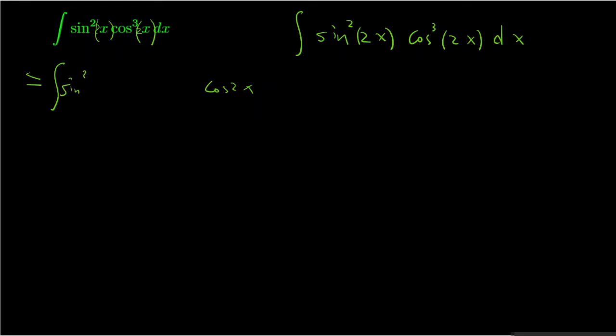I'm going to copy the integrand. Sine of 2x, the whole thing squared. After leaving out cos of 2x, you have cos of 2x, now the whole thing squared.